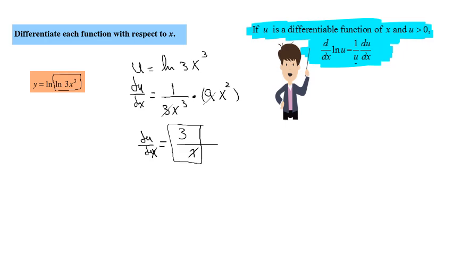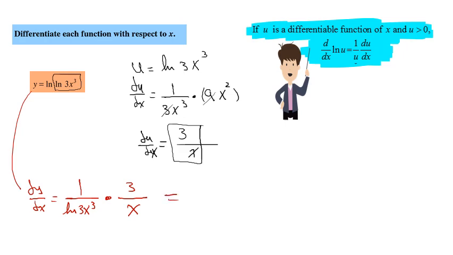Now let's go back to the function. So dy by dx is equal to 1 over the function, which is ln 3x to the power of 3, multiplied by the derivative of the function, 3 over x, du by dx. So it can be written as 3 over x multiplied by ln 3x to the power of 3.